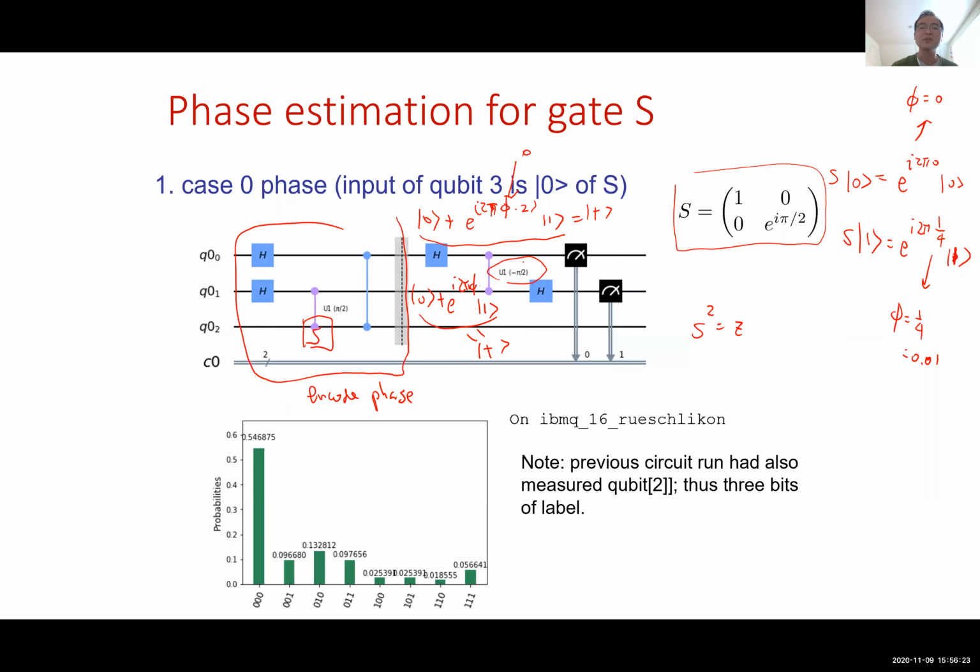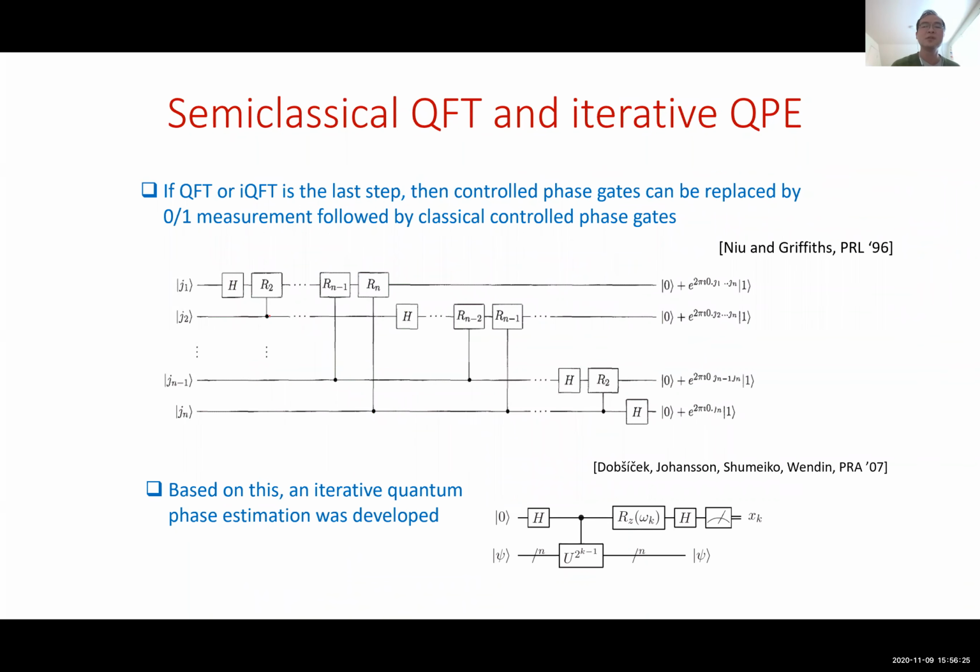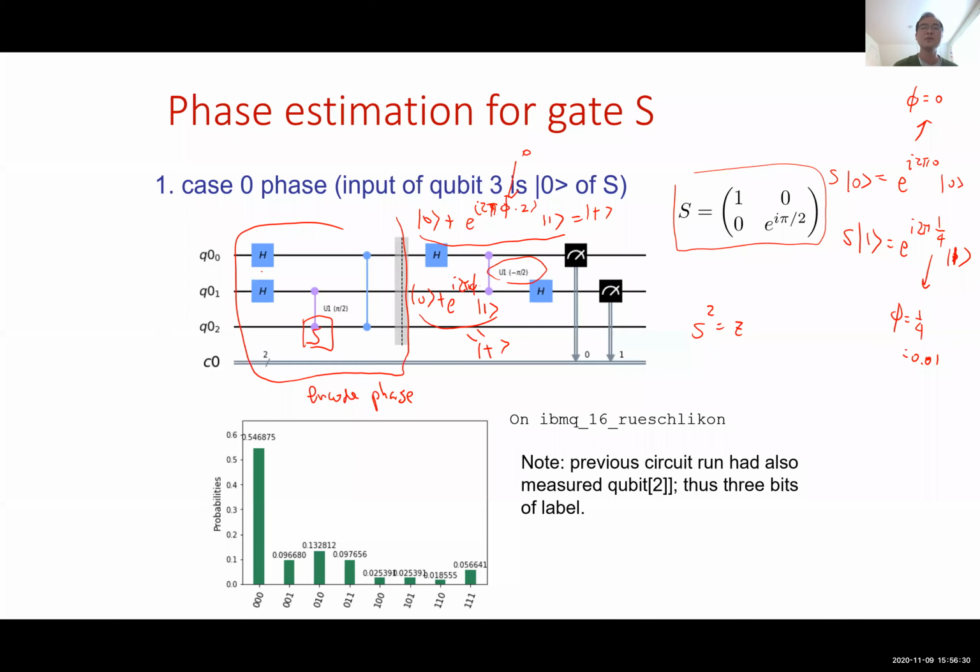Let me just go back to the circuit. I'm doing the inverse of this to read out. Does that make sense? So maybe just point out the structure. This is encoding the phase. This is the inverse quantum Fourier transform. I'm reading out the bits here. In this particular case, it should be 0, 0. Does that make sense?